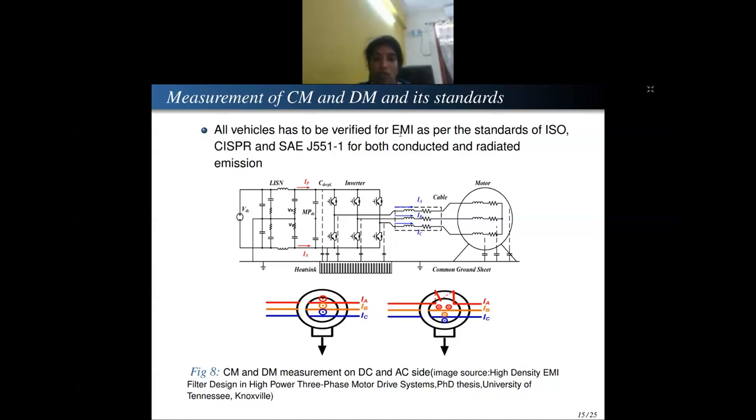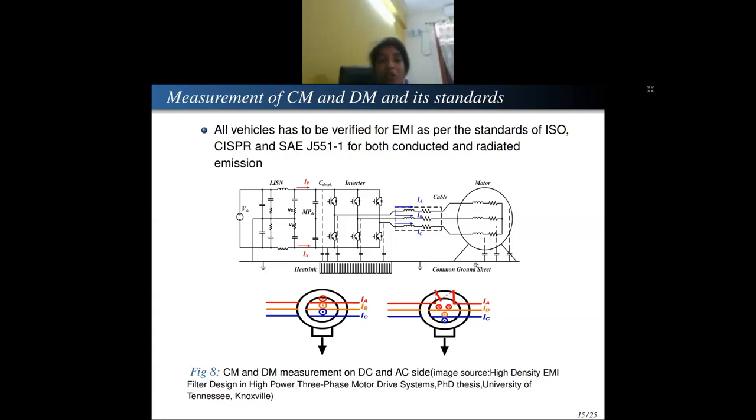Okay. This is your overall drive system. I have a battery, I have an inverter, I have a motor, and I have a cable. Fine. And we have to use something called a line impedance stabilization network, which is LISN. What this LISN does is it helps us to measure the noise of its own system.